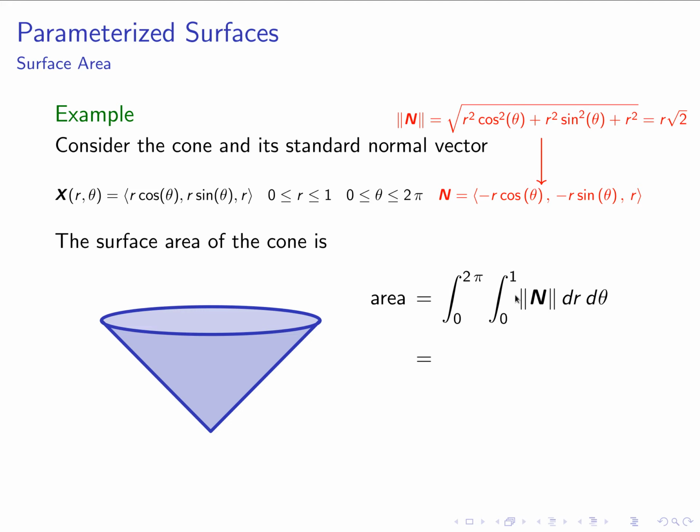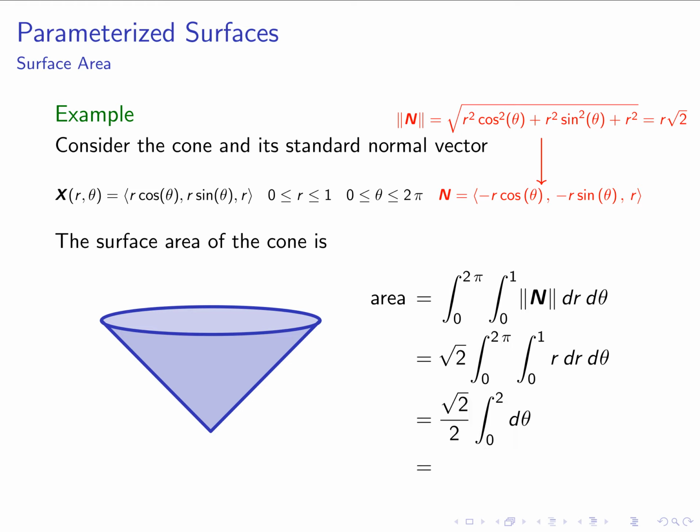Again, when we calculate surface area, the function we're integrating is the area density function, which is the magnitude of the standard normal vector. Well, we just found that the magnitude of the standard normal vector was r times root 2. We can factor out the root 2 from the double integral, and now we're taking a double integral of r dr d theta, where again, r is ranging from 0 to 1, and theta ranges from 0 to 2 pi.